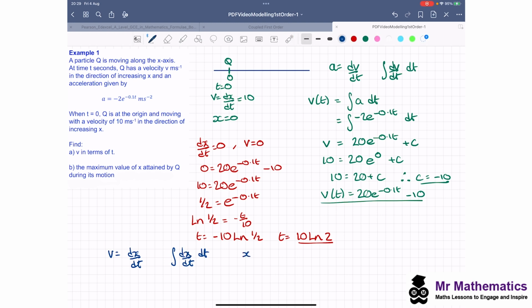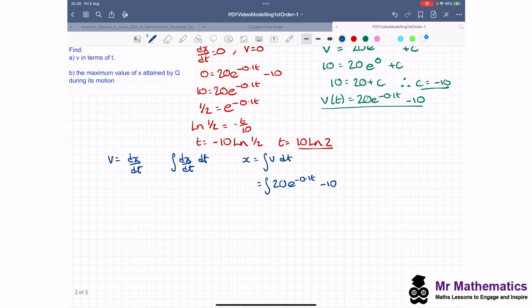So x will equal the integral of the velocity. And we can work this out as the integral of this function, so 20e to the negative 0.1t minus 10.